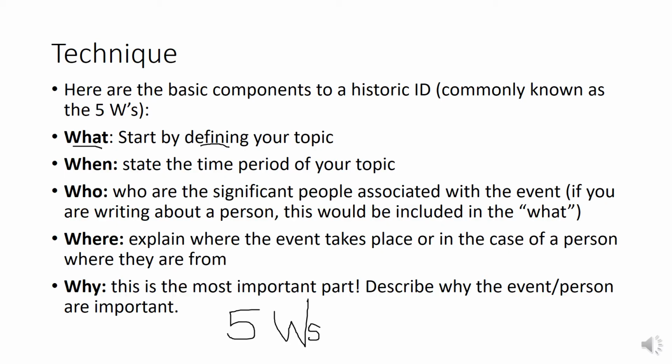That sentence actually satisfies 2 of the W's: the what, which is the Freedmen's Bureau is a federal agency, and the when, which is 1865. And if you really wanted to get fancy, you would say it existed from 1865 to 1870.